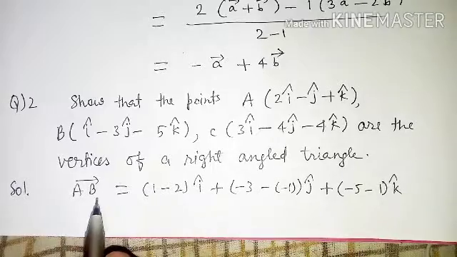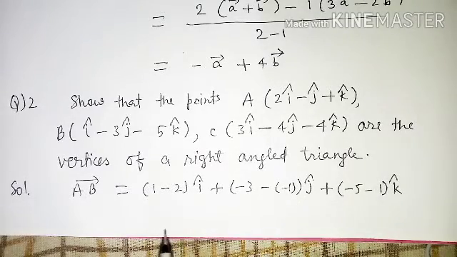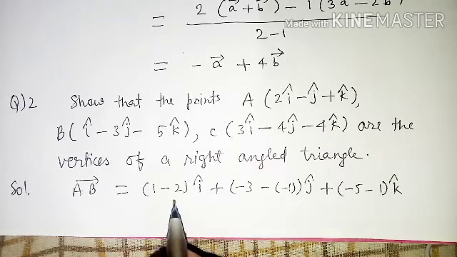We find vector AB, vector BC and vector CA. We find the sides and then we take the magnitude and then we find AB, BC and CA. Then we check whether the square of one side is the sum of the squares of the other sides, and that is shown, and hence this triangle becomes a right angle triangle.